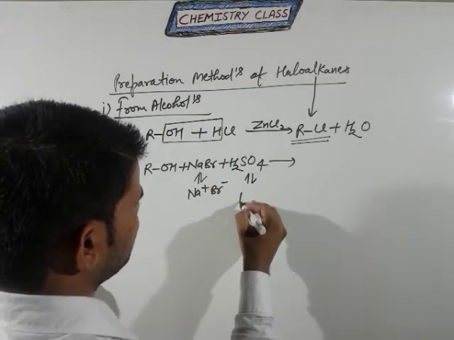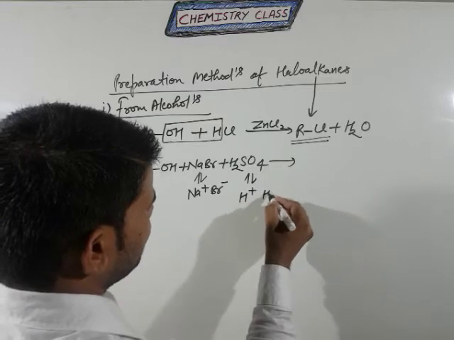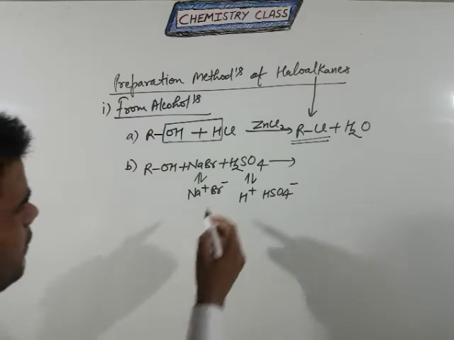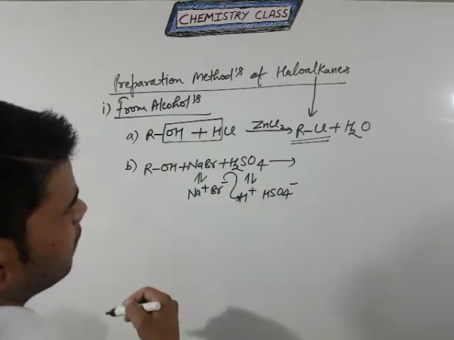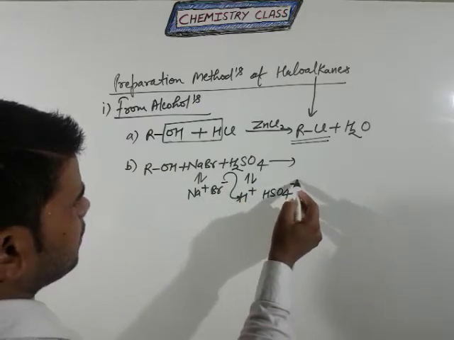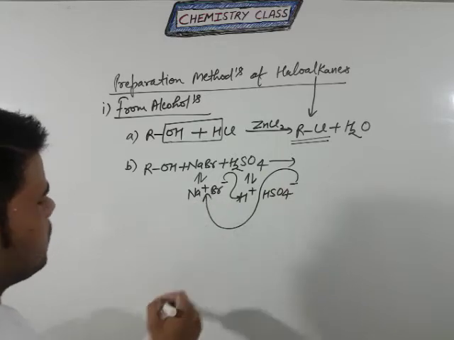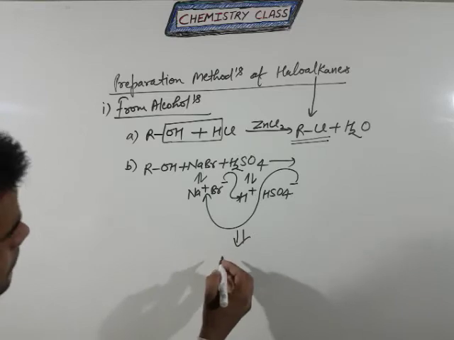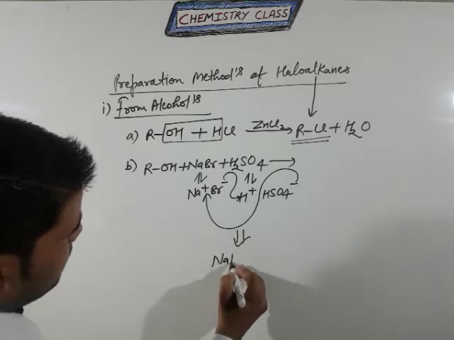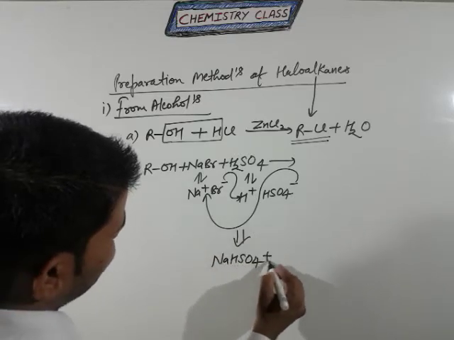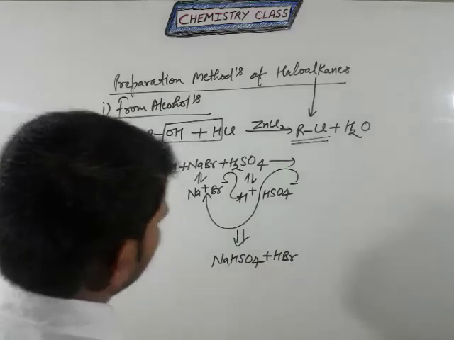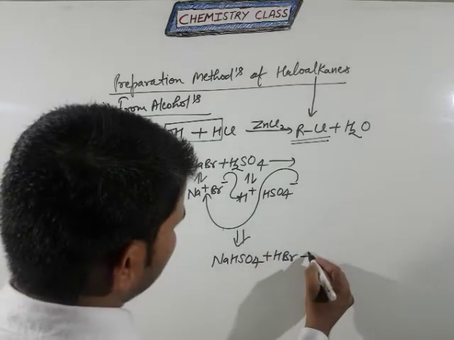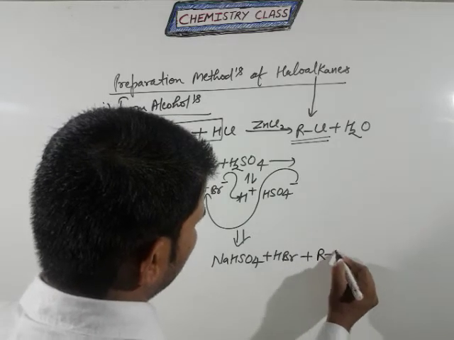Same for H2SO4, you get H positive and HSO4 negative. This negative attacks this positive, and this negative attacks this positive. So you get NaHSO4 plus HBr, and the rest of the alcohol is here, that is ROH.